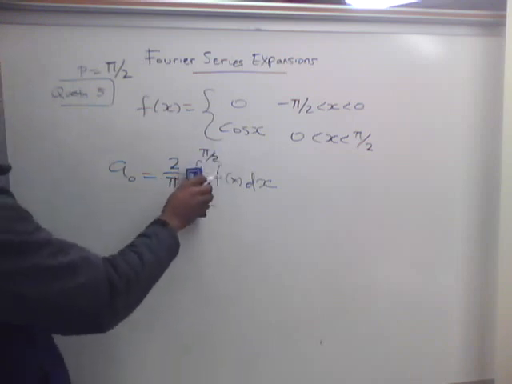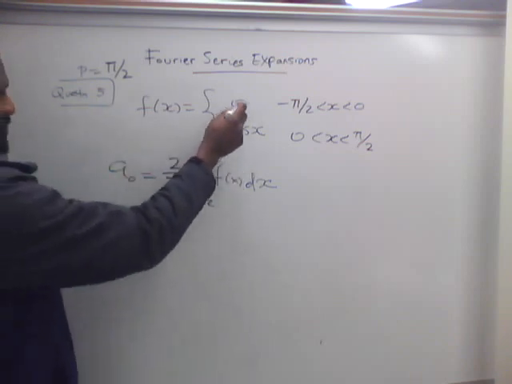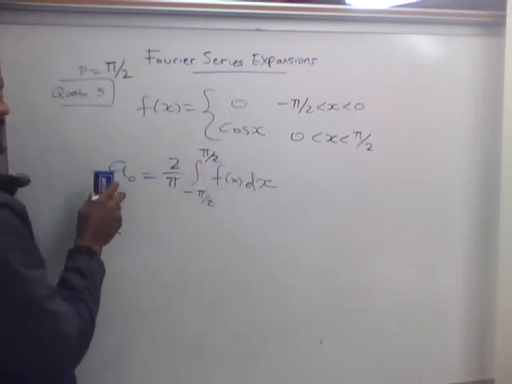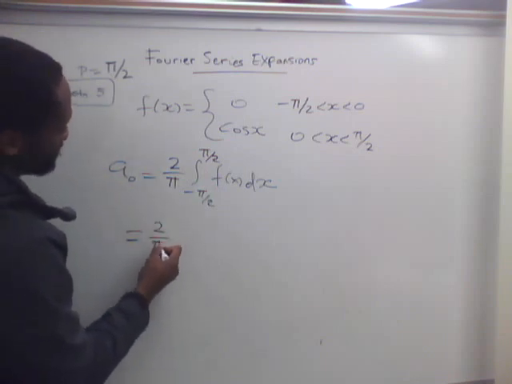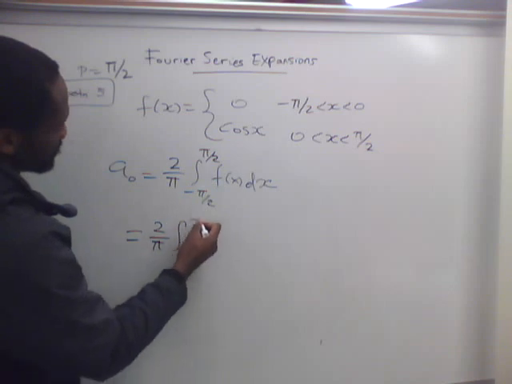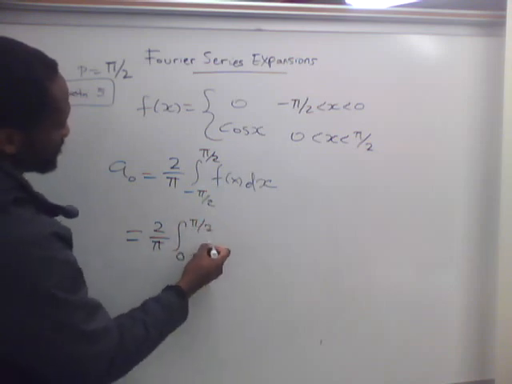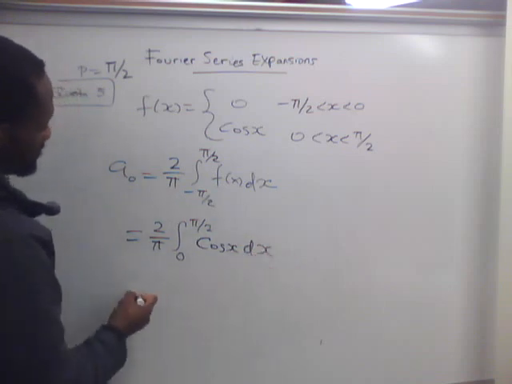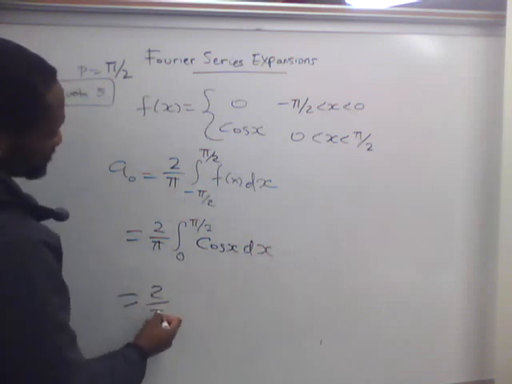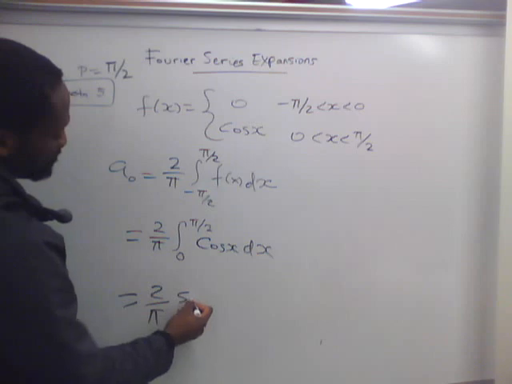Just like before, I break the integral into two parts. The first part is 0. So a naught is 2 over pi, integral from 0 to pi over 2 of cosine x dx, which is simply sine.